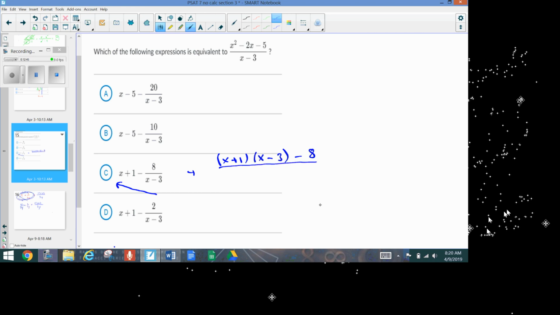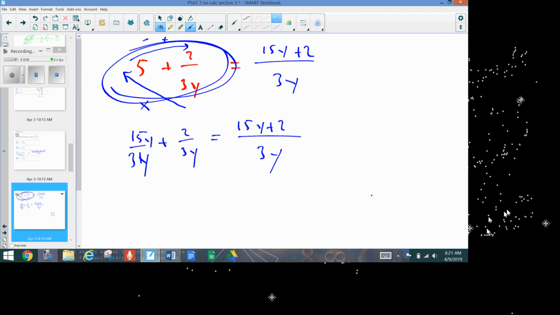And over x minus 3. X minus 3. Yes, I put minus 8 because this is negative. Yeah, you're confused about this, right? Because I said you add here, right? Yes. But because it was plus, that's why we added. Okay. If that will be minus, I would be subtracting that.